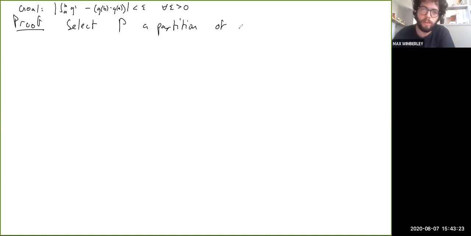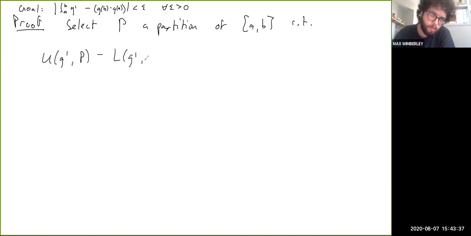Meaning, let's find a partition P of [a, b] such that U(g prime, P) minus L(g prime, P) is less than epsilon.